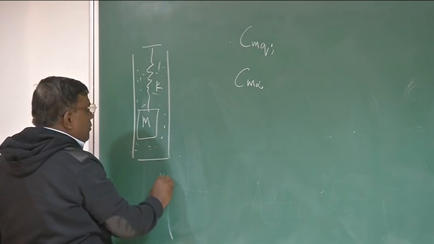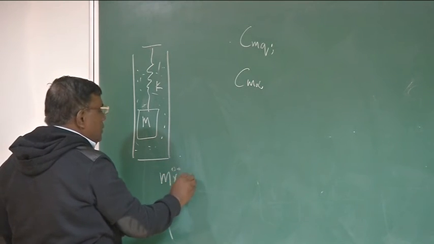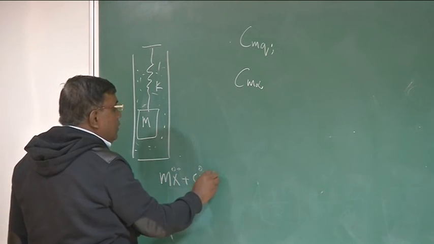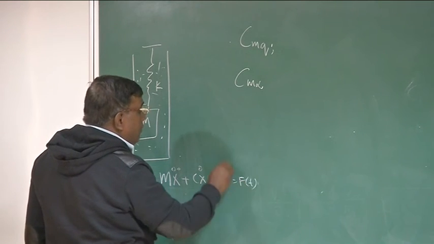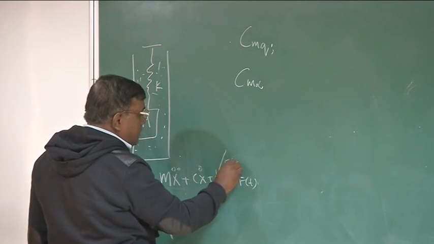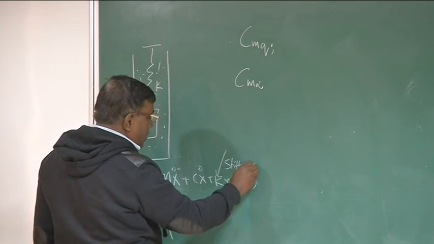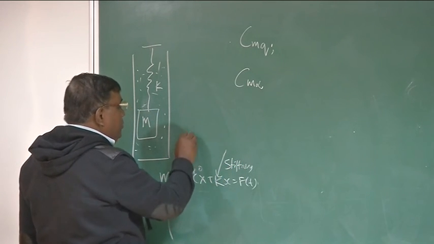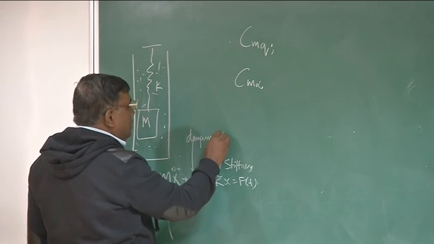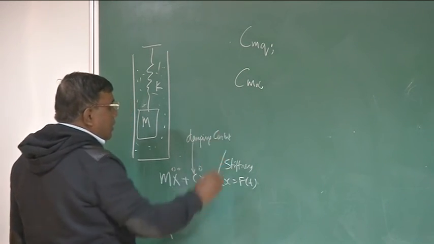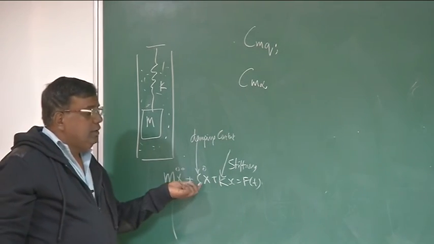So we wrote m x double dot plus c x dot plus k x equal to f of t, where k was stiffness and c was the damping constant, right? How to define a damping constant c?